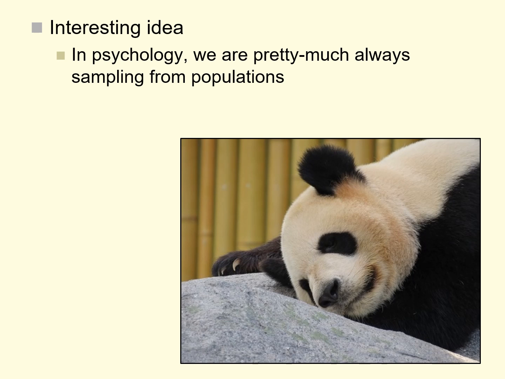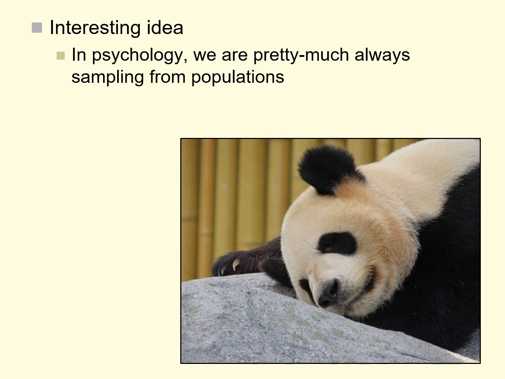Now, to be clear, in psychology, we pretty much always use samples from a population. So we're almost always dividing by n-1, if you will. I really struggle to think of situations in which you have the entire population of cases for your data set. I don't know, maybe if you're studying giant pandas, you literally can have all the pandas that exist at one time in your data set.